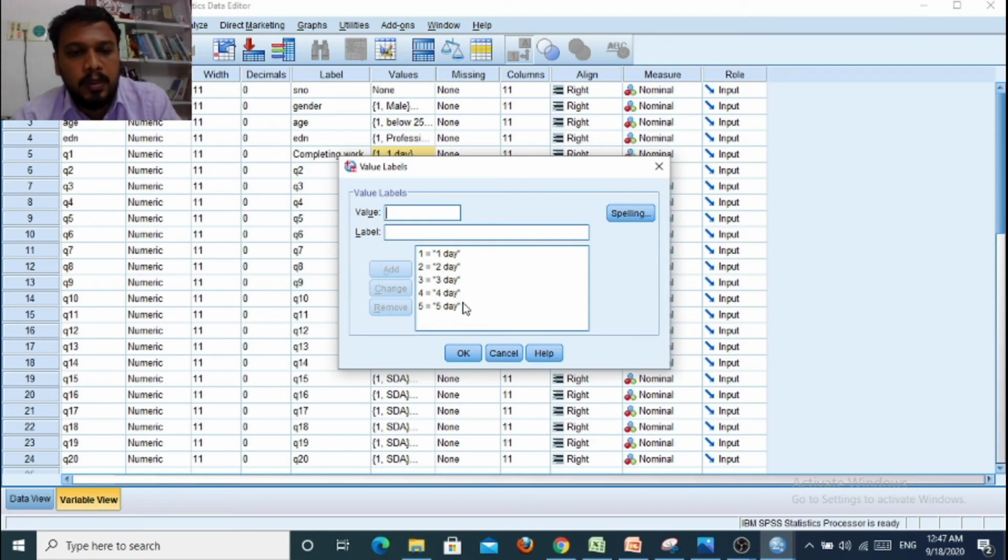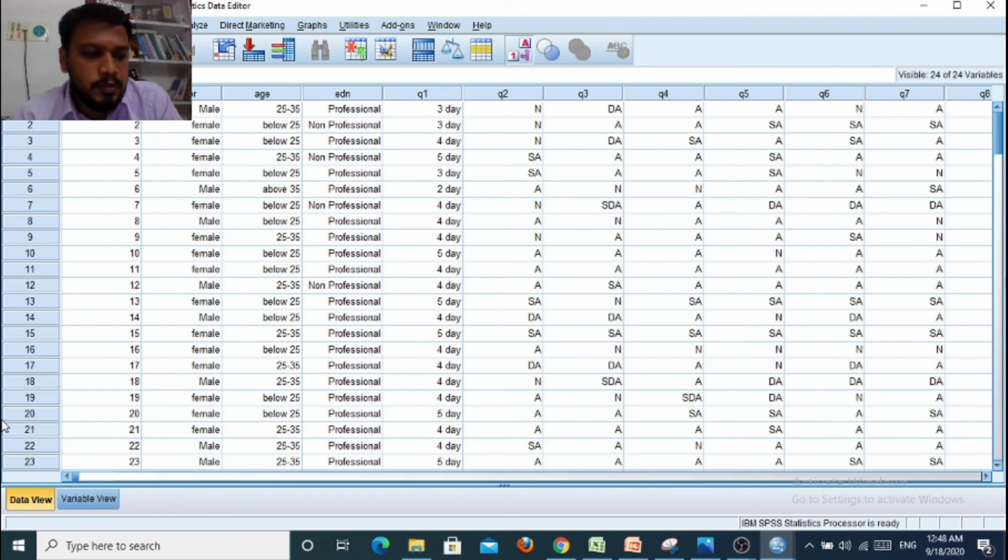We have to calculate whether the sample mean is equal or different from the population mean. I assume the population mean to be 3, meaning on average people complete the work in 3 days. That is my assumption. This is the data view, and in data view you can find the samples.